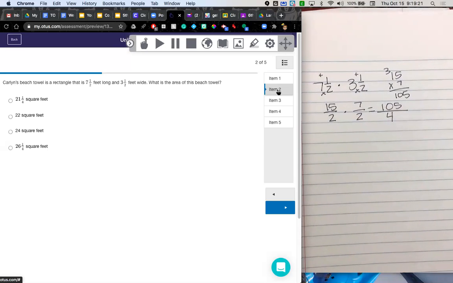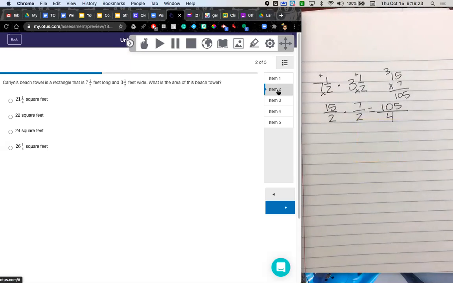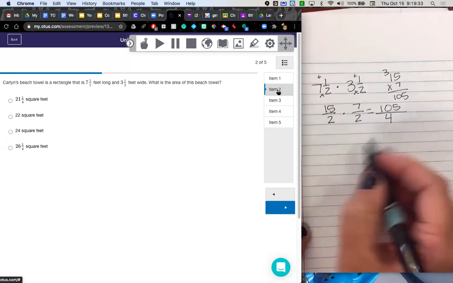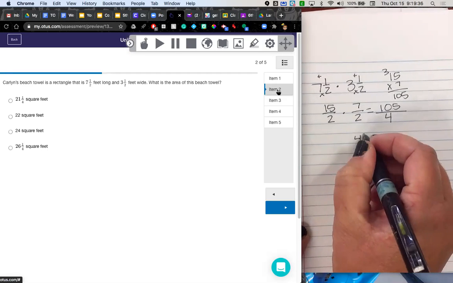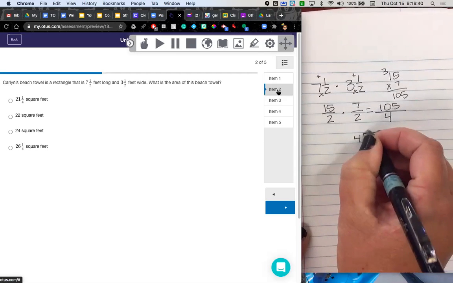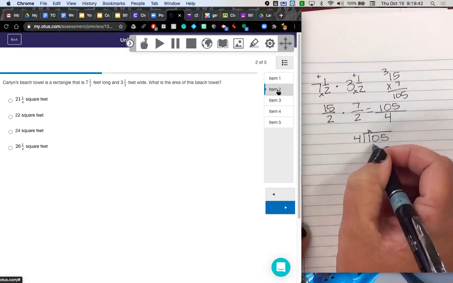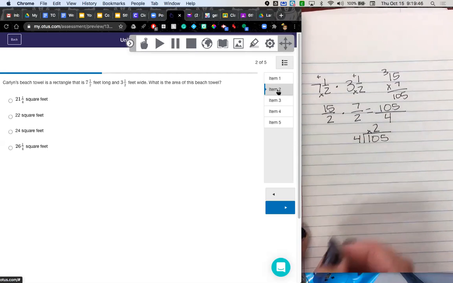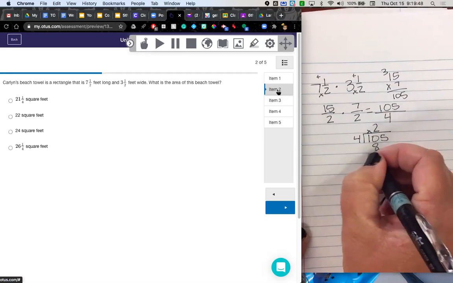Now, when I look at my answers, I know that I have to change this back to a mixed number in order to see which answer is my correct answer. So to change it to a mixed number, I have to divide my 4 into 105. 4 can't go into 1, but 4 can go into 10, and it goes in there 2 times. 2 times 4 is 8.